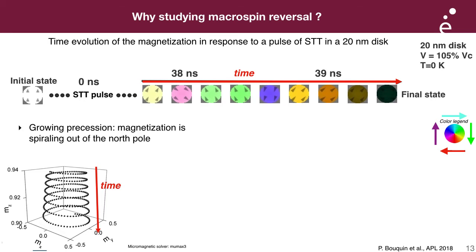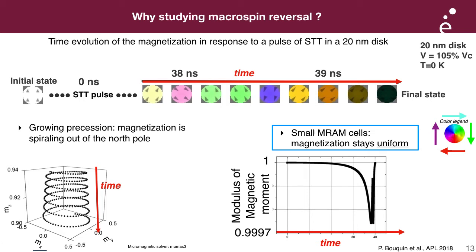And for this size of tunnel junctions, 20 nanometer diameter, if you look at the magnetization all along the evolution, the magnetization stays extremely uniform. So the total moment stays very close to 1 all along the switching, and if it stays very close to 1, you can assume that all spins behave the same and model this reversal in a macrospin approximation.